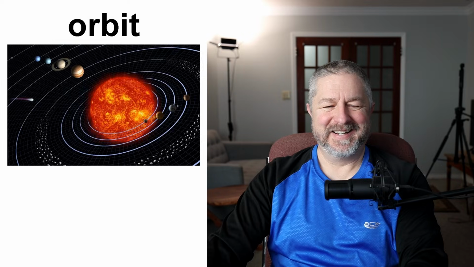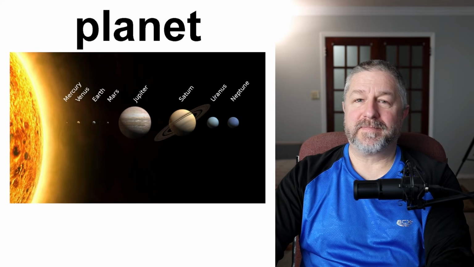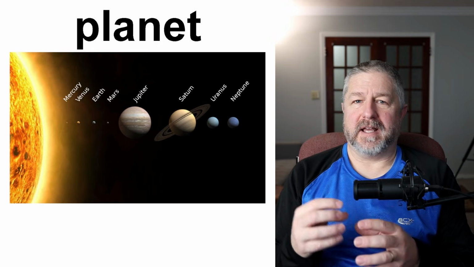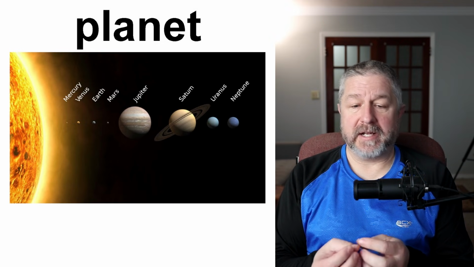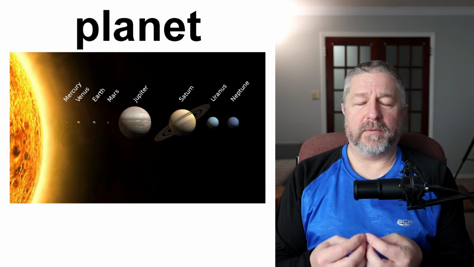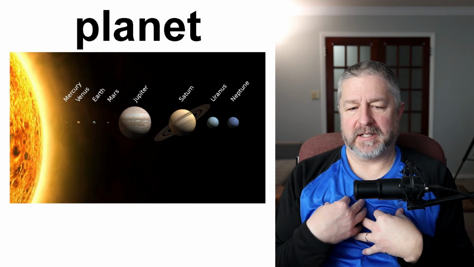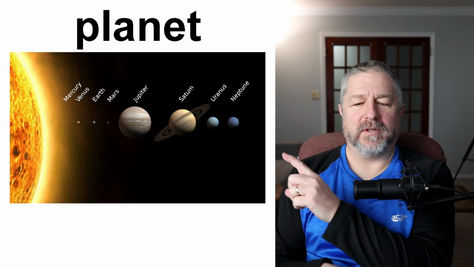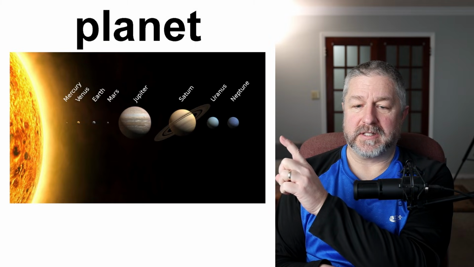That's okay. And then I mentioned this before, there are planets. So a planet is definitely not a star. It's not like our sun, and it's not a moon. A planet will definitely orbit a star. Our planets orbit the sun. And then again, I think I got the order wrong. Mercury, Venus, Earth, Mars, Jupiter, Saturn, Uranus, and then Neptune.